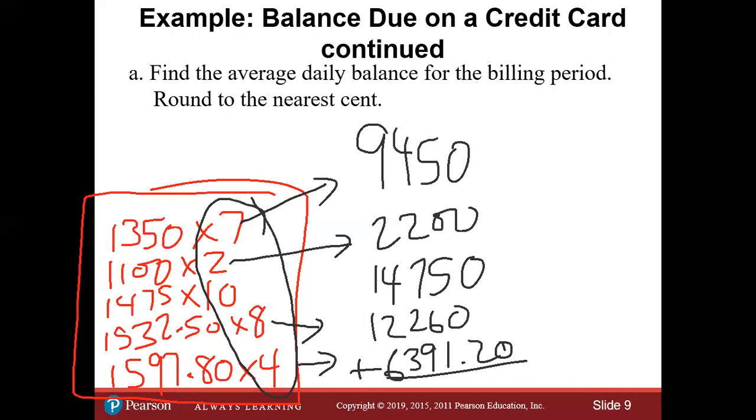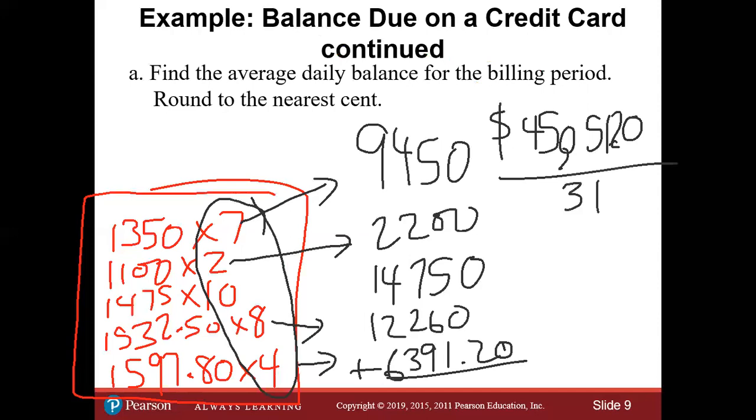So when I add all of those up, I get $45,051.20. But the average daily balance takes the sum of those and divides by the number of days, which we had already said was 31.